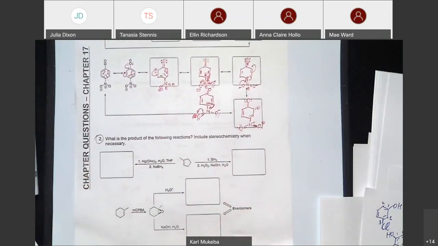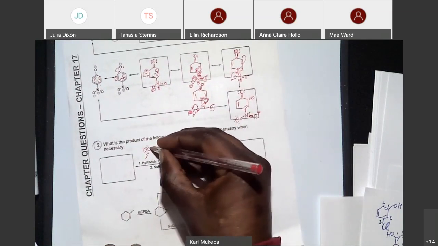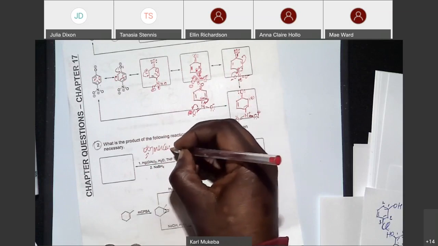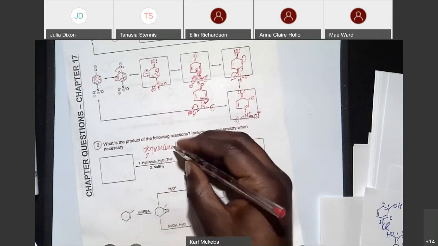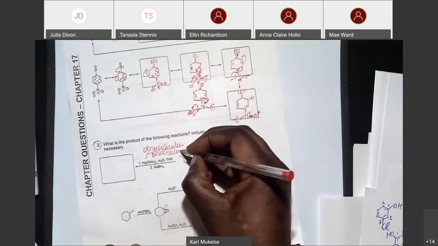Okay. So, second question, they ask you to give the product. So we have this reaction, what do we call this? Oxymercuration-demercuration.